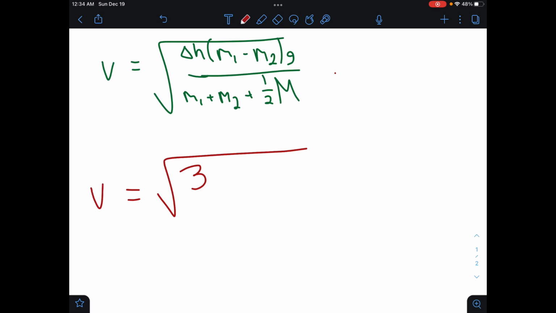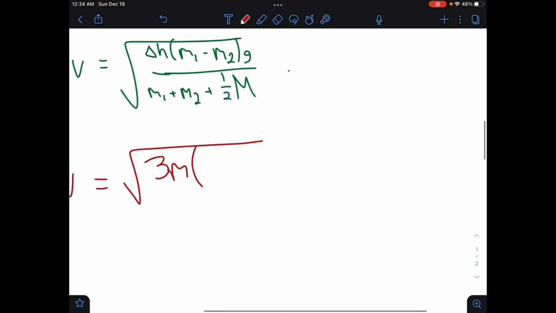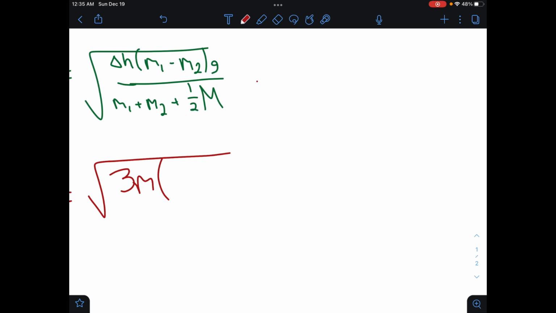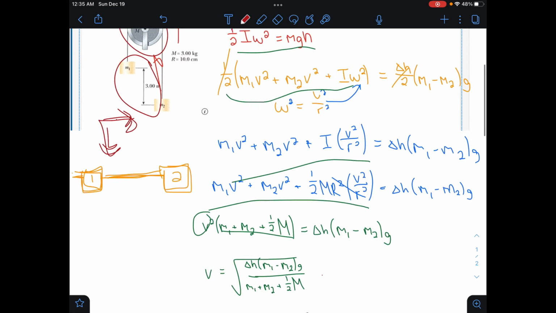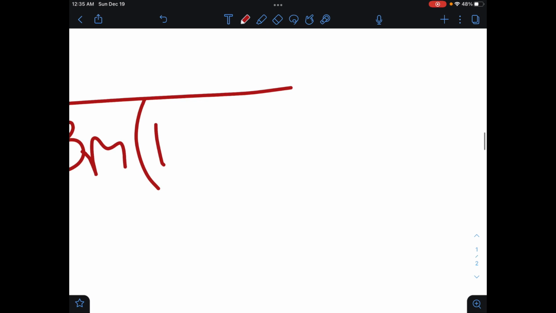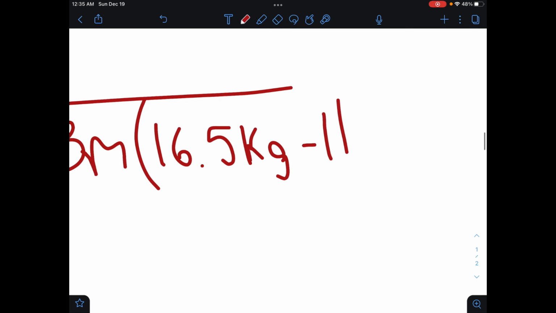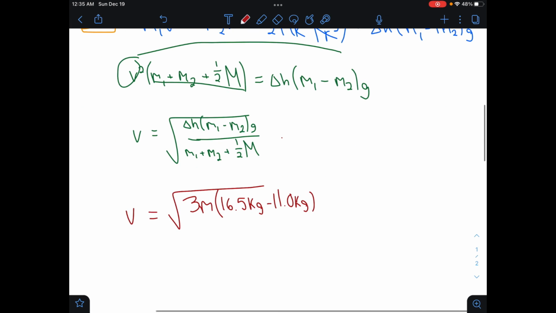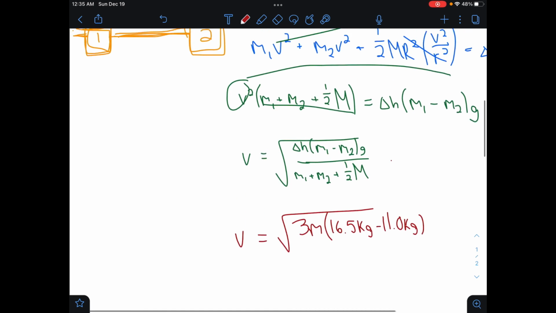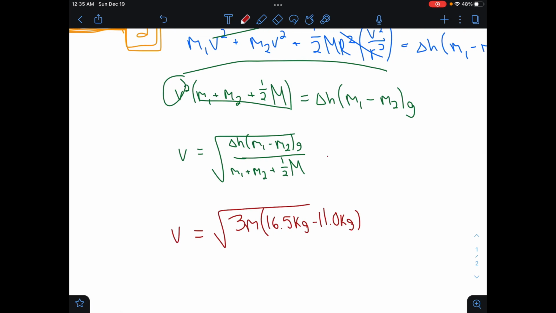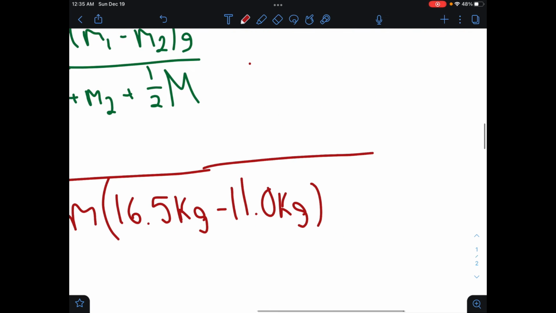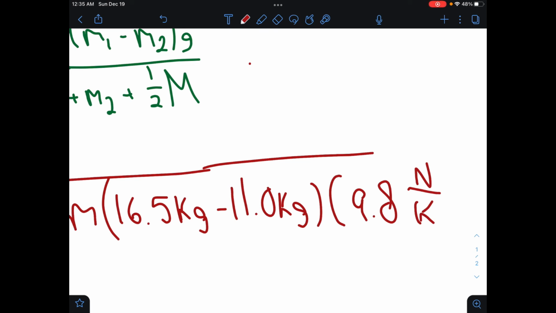Three meters times M1, which was 16.5, minus M2, which is 11 kilograms. And this is times our gravity, which, since we're on Earth, is always 9.8 newtons per kilogram. We're assuming we're on the surface.